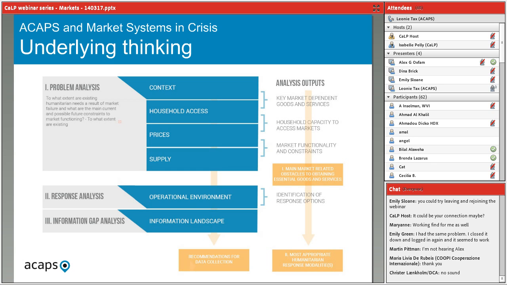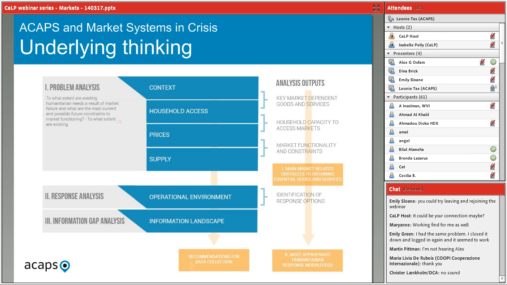And on the problem analysis, we'll look at the prices as well and any constraints related to supply. So this focuses on the current situation, but as much on how it could develop in the nearby future. The analysis outputs of the problem analysis, if we move to the orange box there, will be the main market-related obstacles to obtaining essential goods and services, right now, but also possibly in the future.